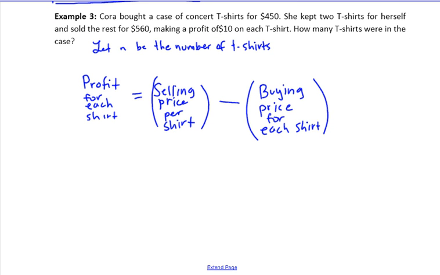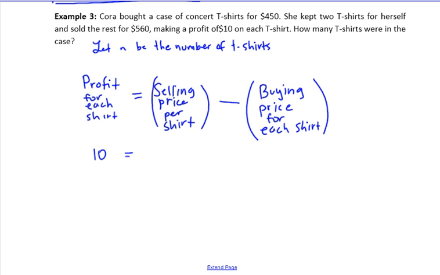So we can figure out the selling price for each shirt and the buying price using our n, right? We're going to write an expression for that. Do we know the profit for each shirt? Read the question again. It says she makes a profit of $10 for each shirt.